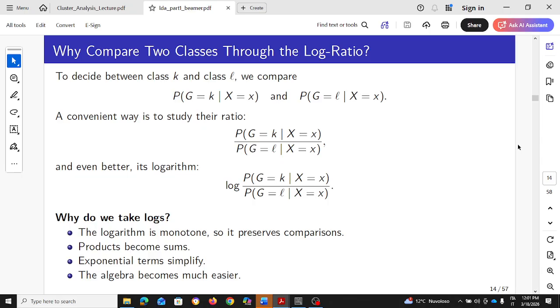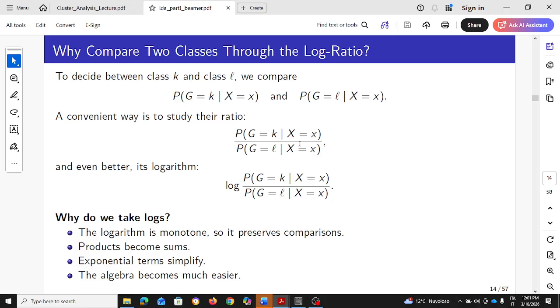Now, normally, let's say we have two classes, class K and class L, and we now want to compare these two classes, to classify them. So how do we do it? We have the posterior probability for class K, and the posterior probability for class L. First we find the ratio between them.